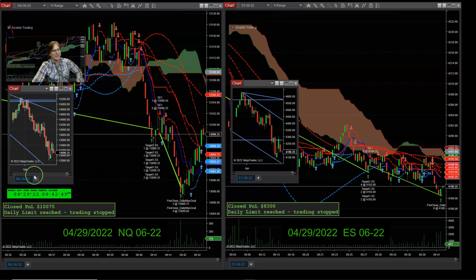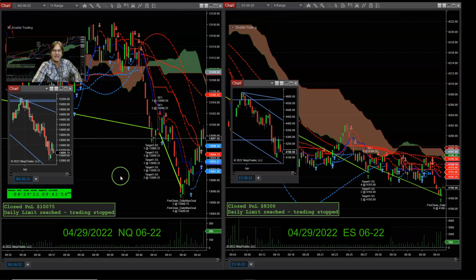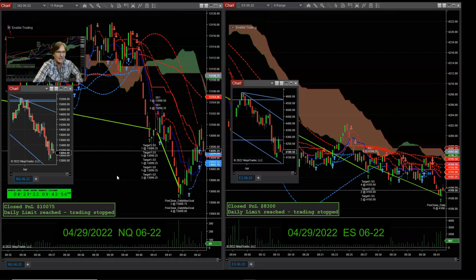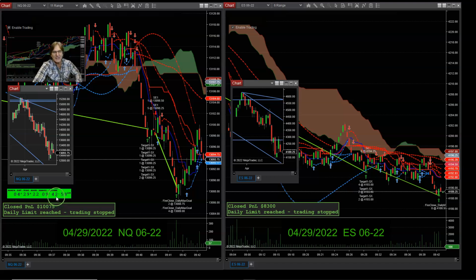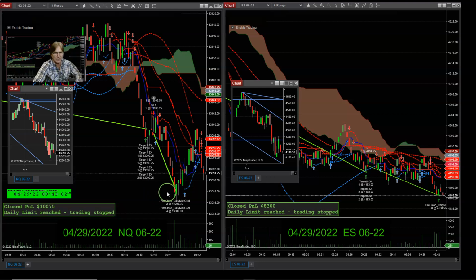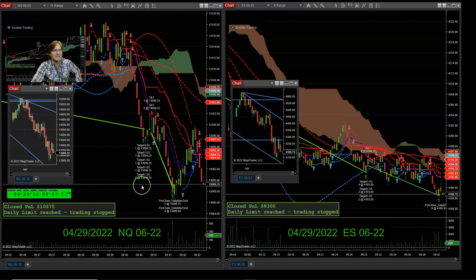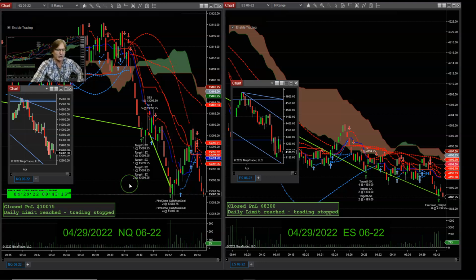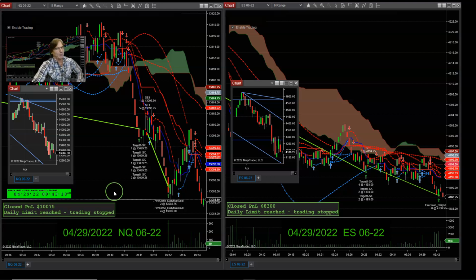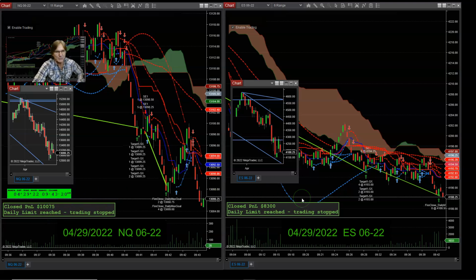And once again, April 29th, 2022, trading the intelligent way, automatic trading. 42 minutes into the trade for both the ES and the NQ. Max daily goal reached. Trading stops. The results speak for themselves.